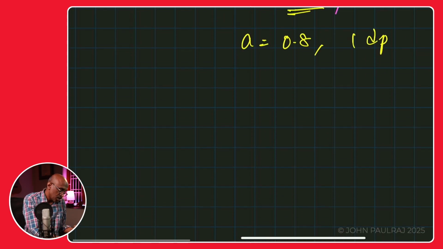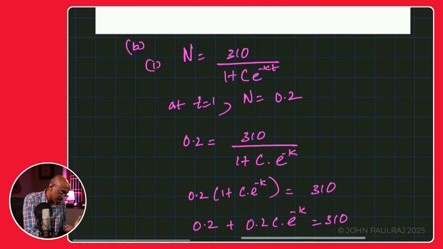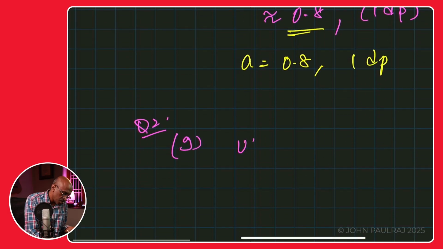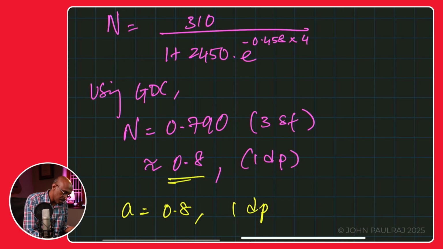So question 2G. Did I copy that down? I'm always checking because I know how many errors I make. 2G, yeah, we can just say that's the value, right? Again, we can say using GDC, t is equal to 20 for end of 2035. So capital N, you'll probably need to copy down the whole thing again.